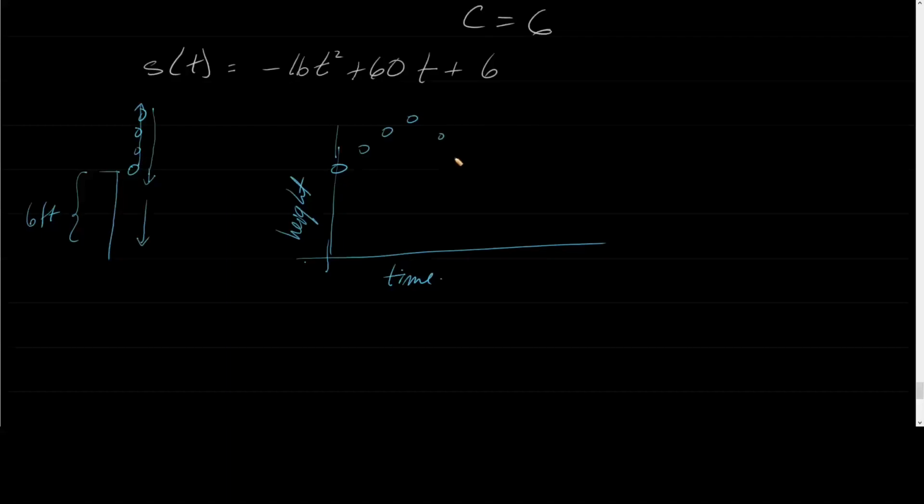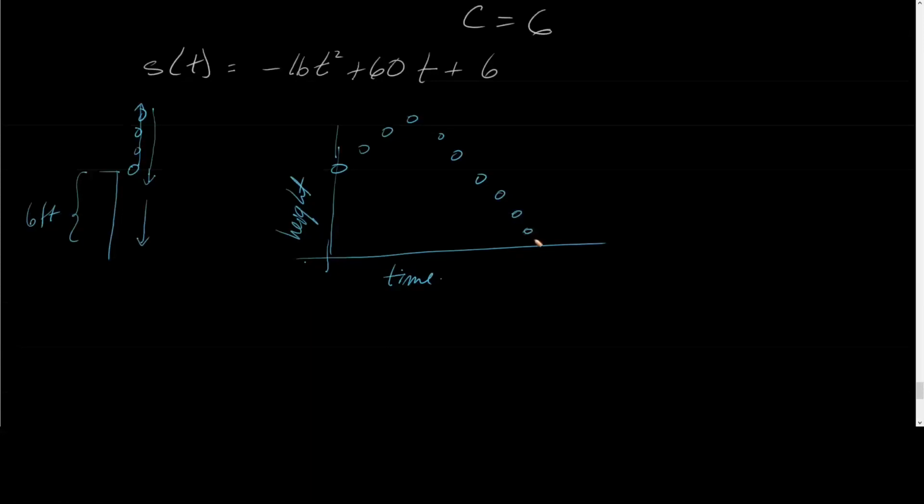And then at some point it starts going downwards over time. Over time, this ends up looking like this, right? And that shape should look familiar because it's a parabola, and that should make sense, because we have a negative squared term, so a negative quadratic function here is a downward facing parabola.